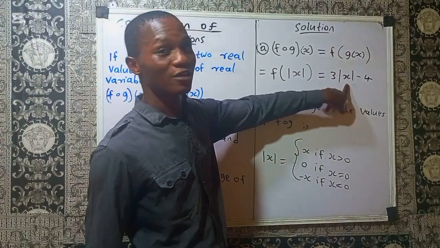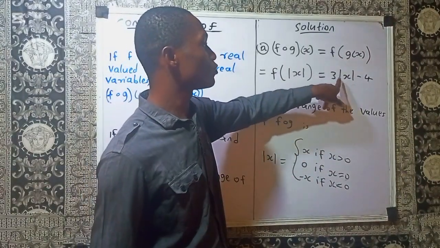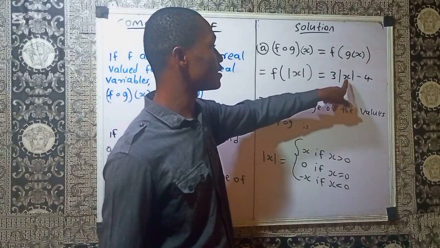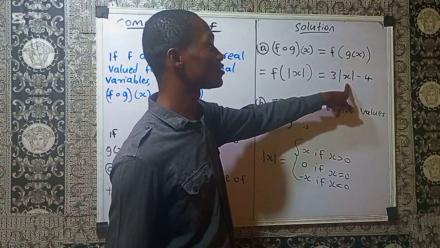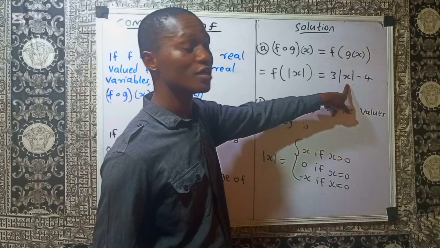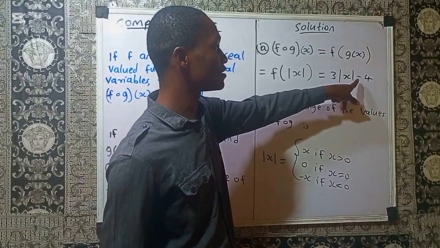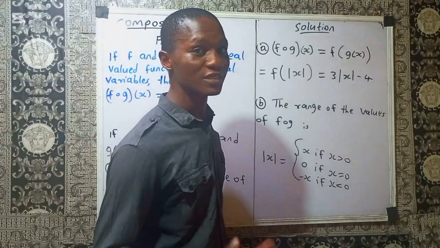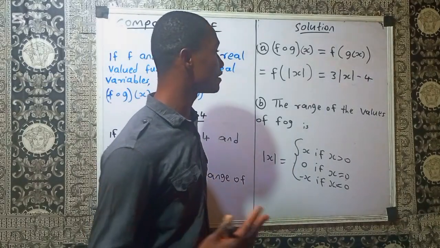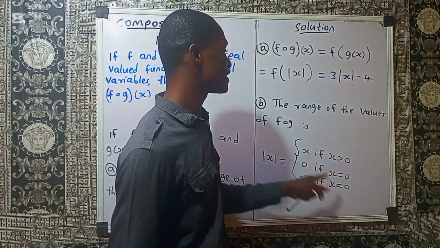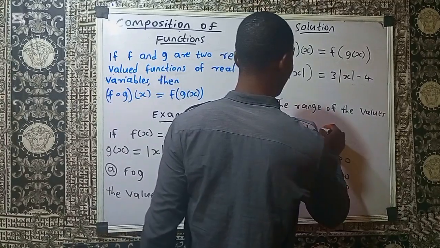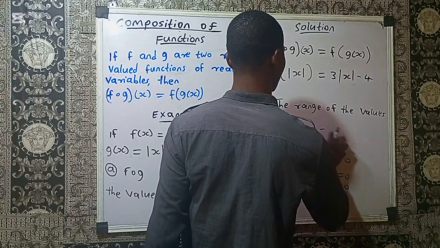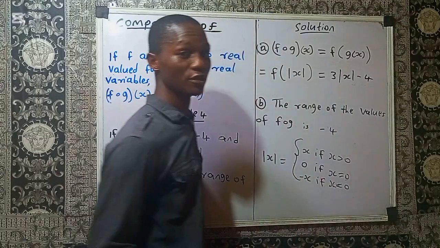Then for other values of x, this absolute value function will always be increasing. And if it's increasing, 3 times something that's increasing will give you a bigger quantity, and if you are subtracting 4 from it, as you go on, the answer will always be increasing. So because of this, the smallest value of this is minus 4.